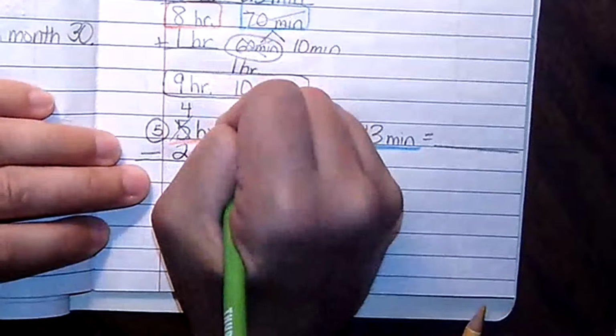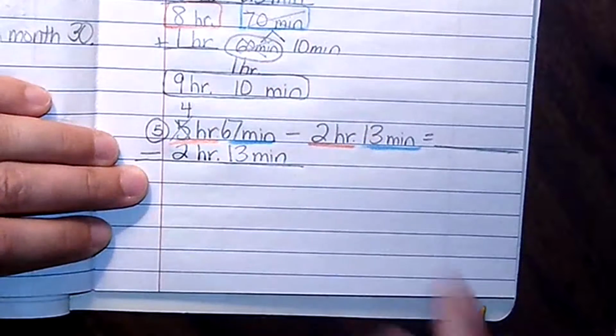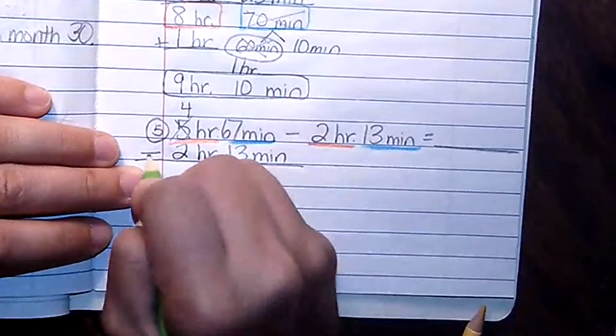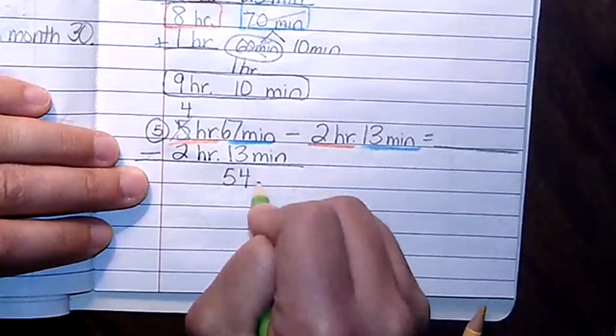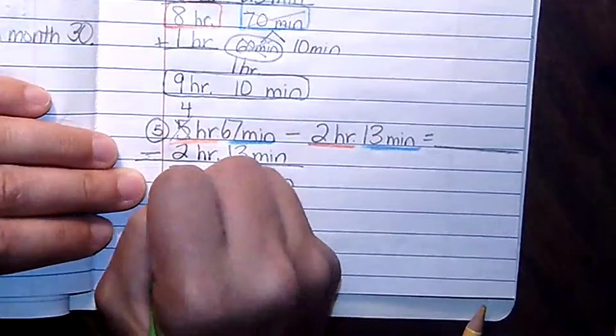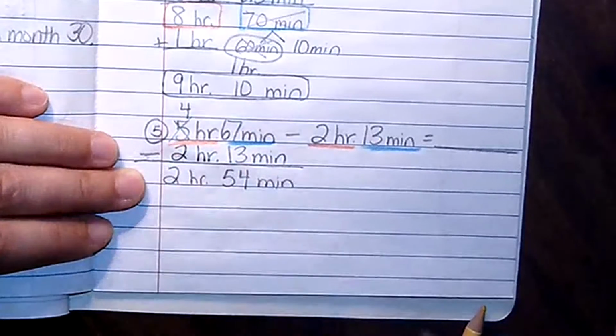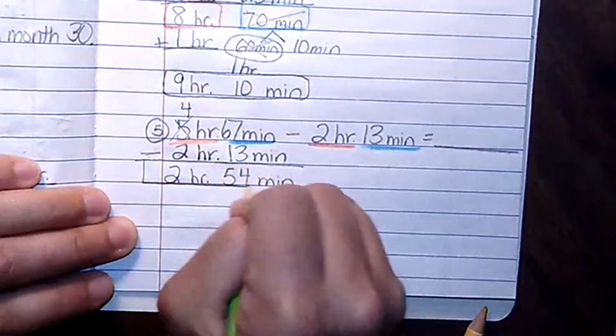It's 60 minutes. So really I have 67 minutes over here now. And now I can subtract. 7 minus 3 is 4. 6 minus 1 is 5. That leaves me 54 minutes. 4 minus 2 is 2. 2 hours and 54 minutes would be my answer.